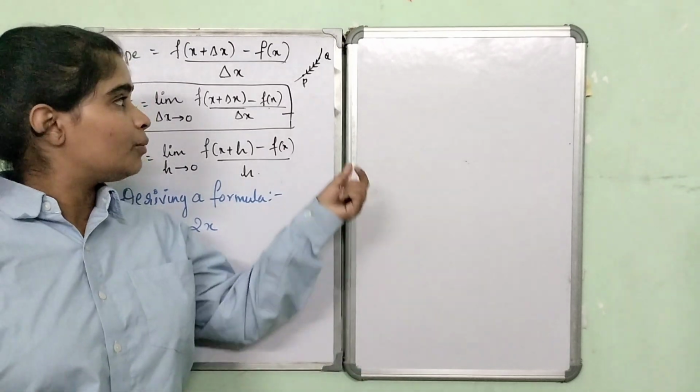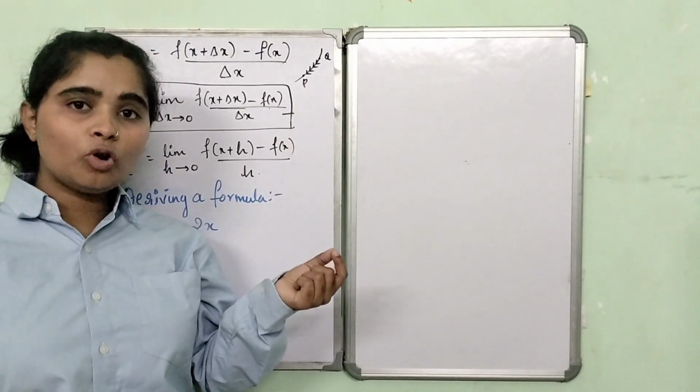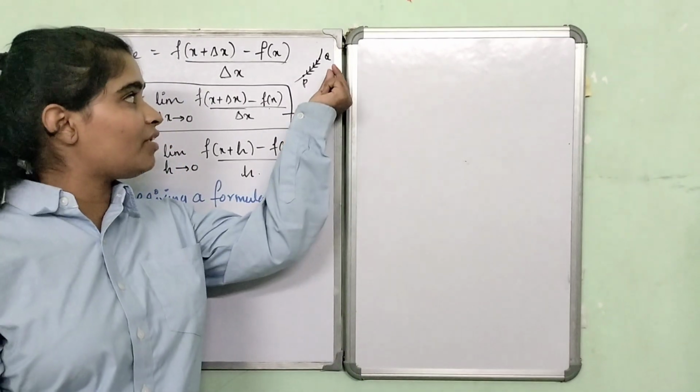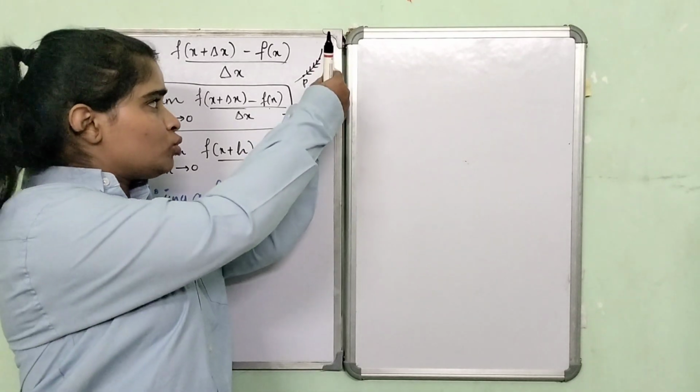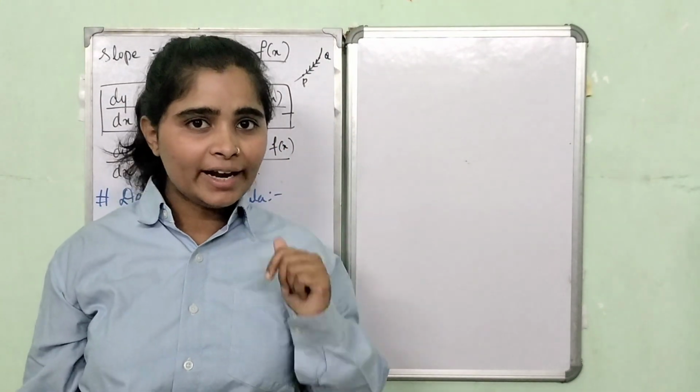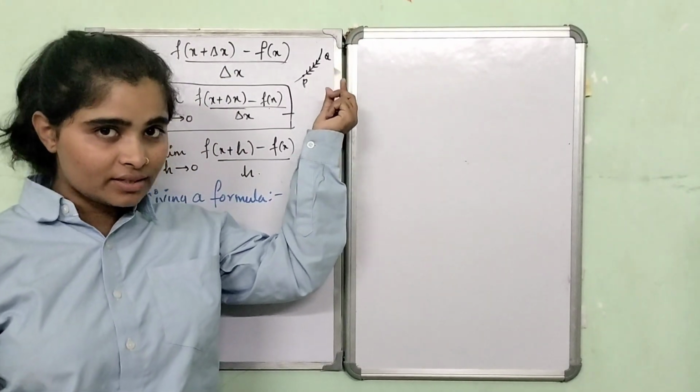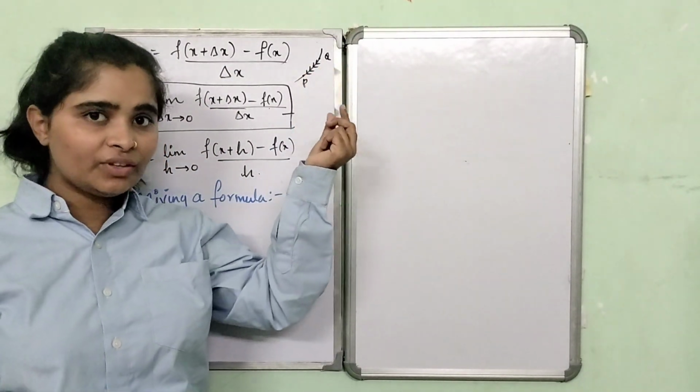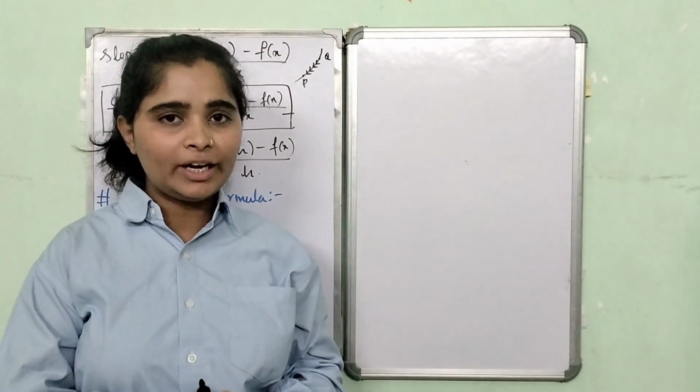Why am I doing this? Because I am interested in finding the slope at point P, right? That's why I will drag this point Q so close to P that they become almost equal. The best I can do is minimize their distance, right? If I minimize the distance between these 2 points, I will be successfully doing this.